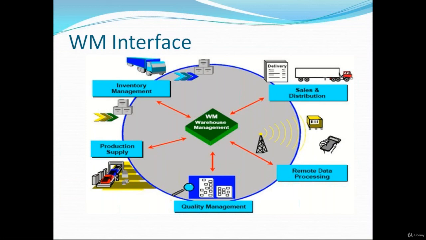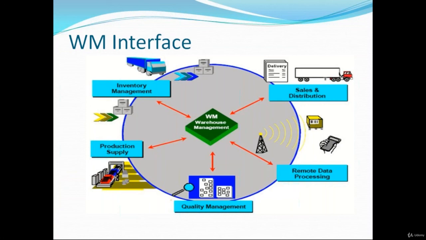Then the quality management system. Quality management applies in the inbound as well as the outbound process. Whenever we are dealing with the inbound process, after doing the goods receipt, before the material comes to your warehouse management system, there will be a quality management module which will check whether the received material meets the standard to satisfy your own company's activities.